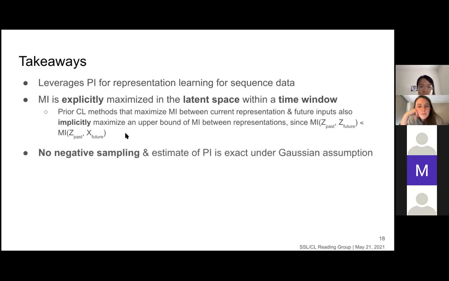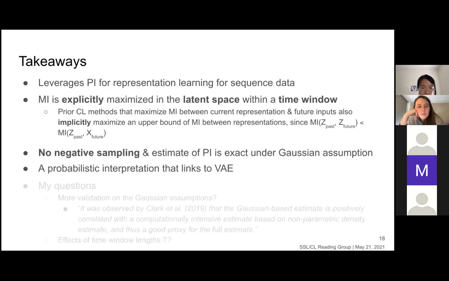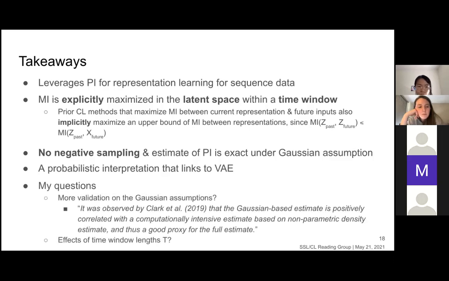Yeah, and another advantage of this method is no negative sampling is required, and the estimate of PI is exact on the Gaussian assumption. And we also have a probabilistic interpretation that links to variational autoencoder.